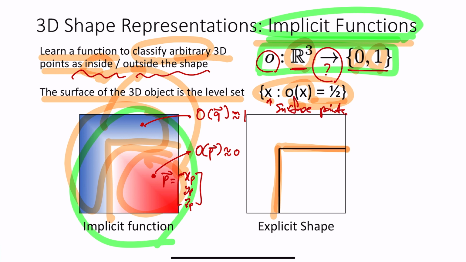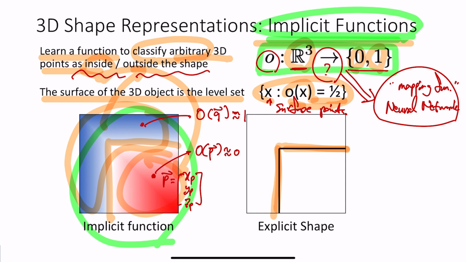The beauty of this implicit function is that we don't need to memorize all the point information, but we only need to know the mapping relationship between the 3D point and 0 to 1, right? By using, for example, a neural network.